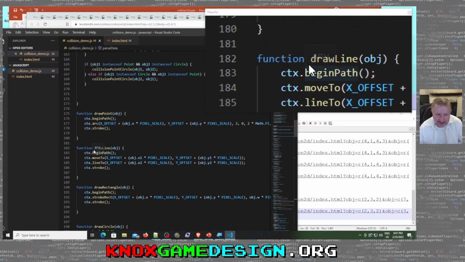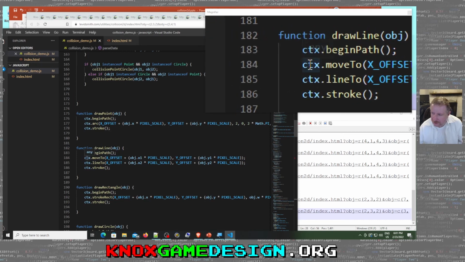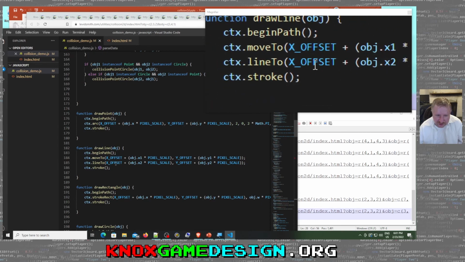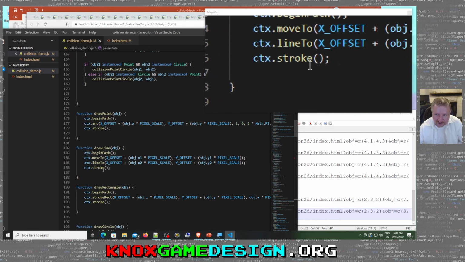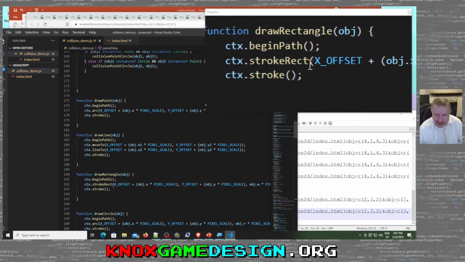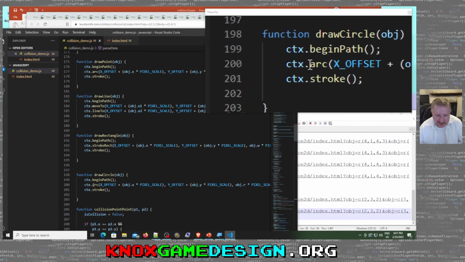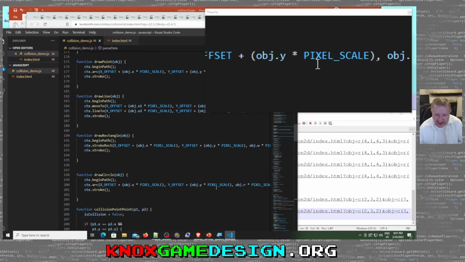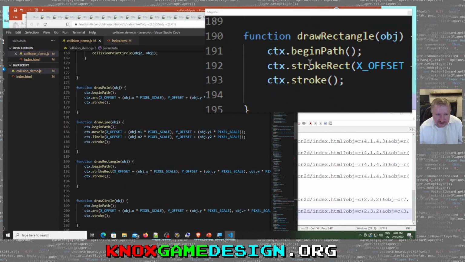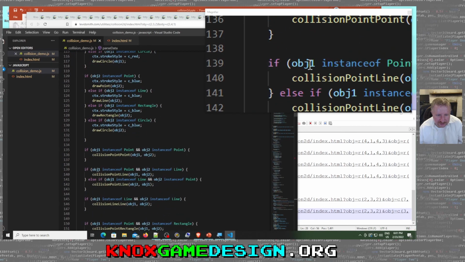For a line, you use begin path, move to, kind of like Logo with the turtles, then you do a line to your second point, then call stroke. For a rectangle, there's a stroke rect, then call stroke. And a circle, we're using the same arc, specifying x, y, and a radius. And that's it for drawing the 4. So that's our draw method right there.